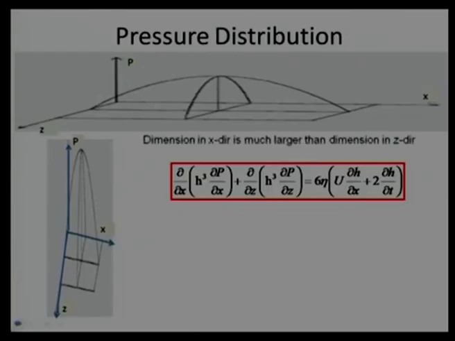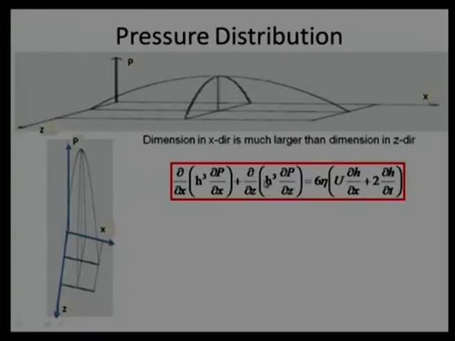So, we can write that the dimension in x direction is much larger than the dimension in z direction, and the distribution comes something like this. Now, what are we gaining from this? The maximum pressure remains the same. As the x value is more, dP/dx will be lesser, while in this case z is low, P remains the same, so dP/dz will be higher than dP/dx.